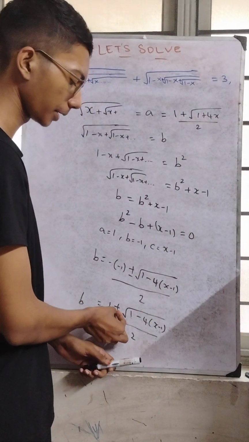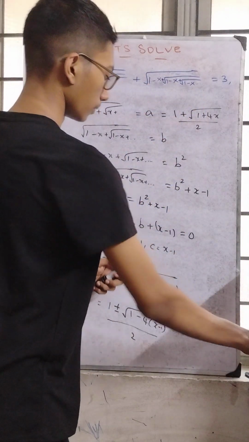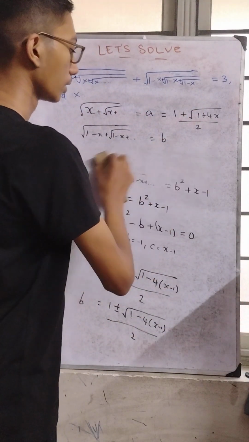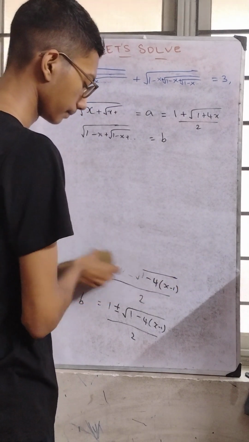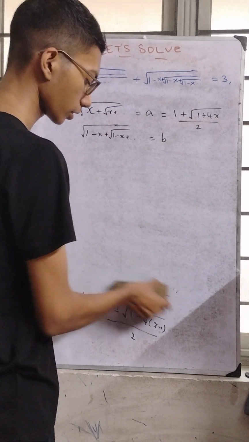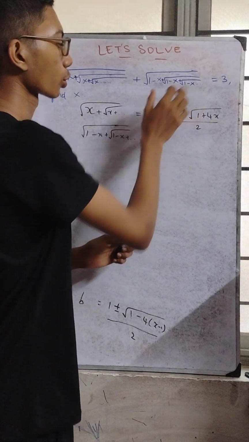Again we need to write only the positive term because this is also under square root. So we have computed the value of a and b. Why? Because we are simplifying the nested or the infinite square root term.